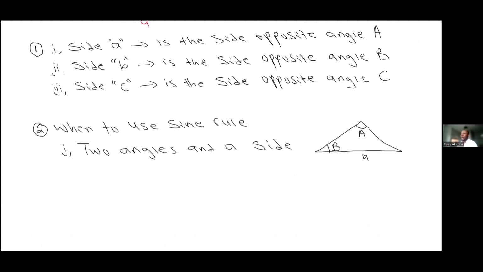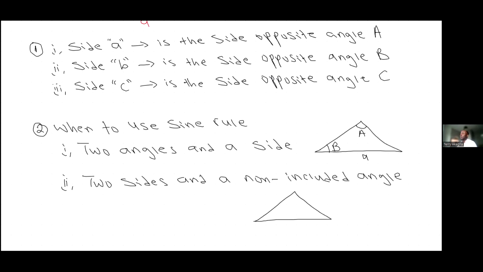Another possibility is that you have two sides and a non-included angle. For instance, let's assume this is side B and this is side A. It's non-included, so the angle is not between A and B; it's somewhere else.